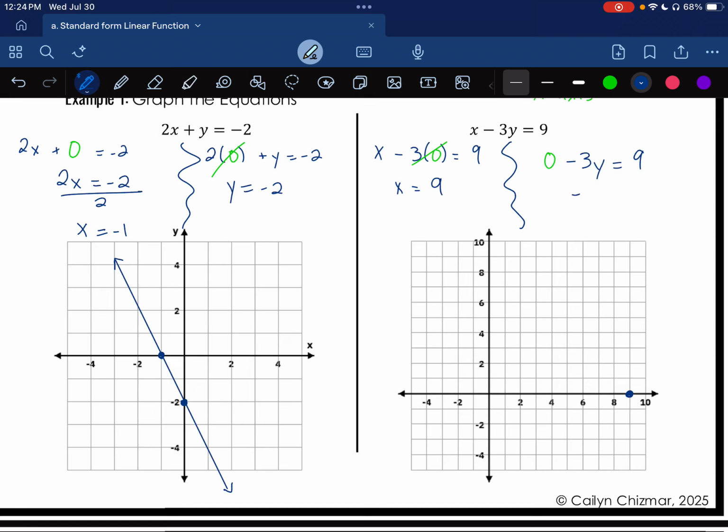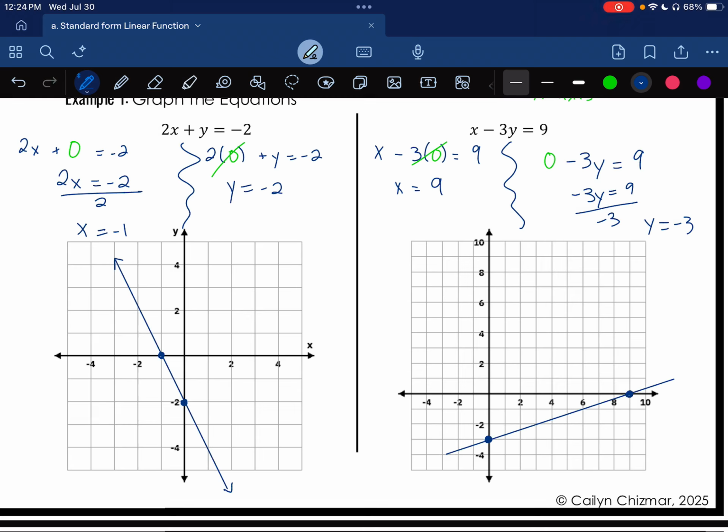You get y equals negative 3. Like so. And then connect the dots. Oh, that was kind of ugly. Let's try that again. Go through there, go through there. Yeah, good enough.